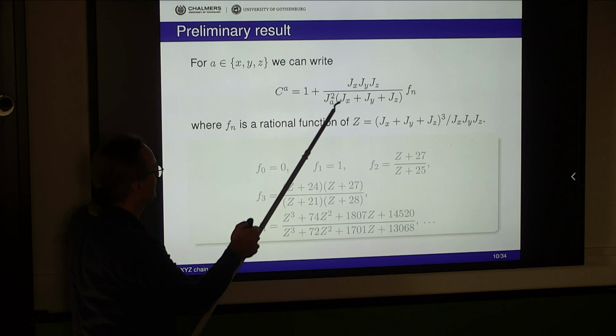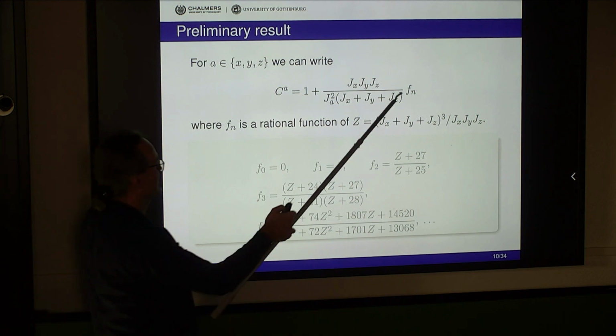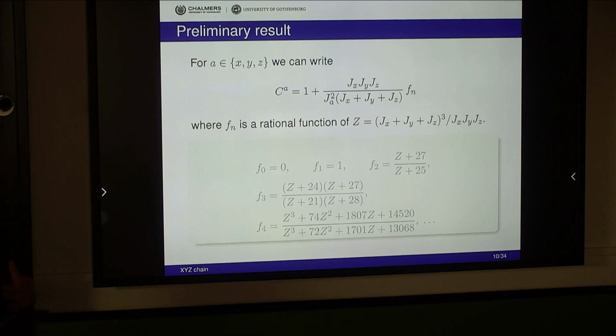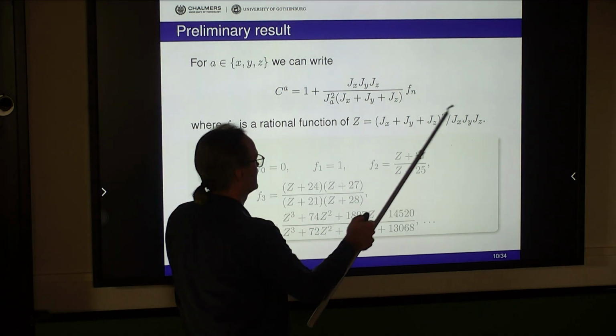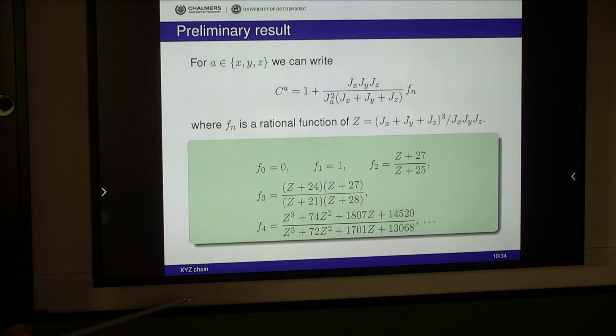That's a very simple dependence on the A parameter, and apart from that, it just depends on one function that I call Fn. And this Fn is symmetric when you interchange the anisotropy parameters, so it's actually a function of this variable here. You can compute some of them and you get more or less nice formulas for Fn.